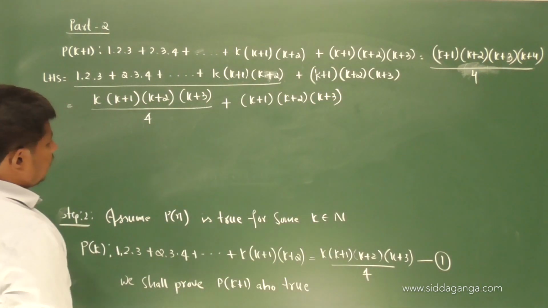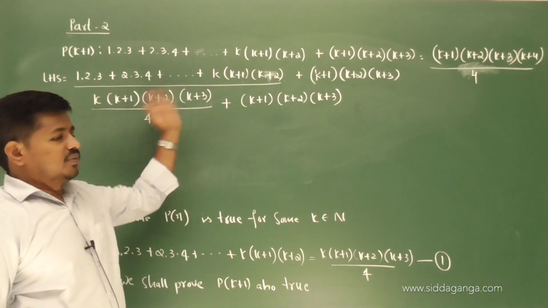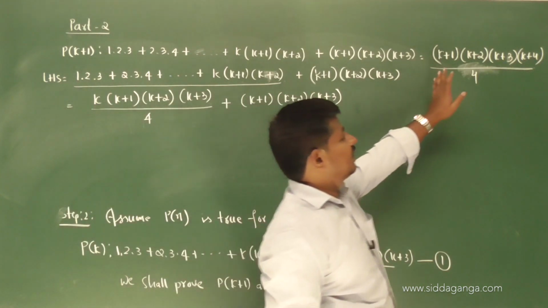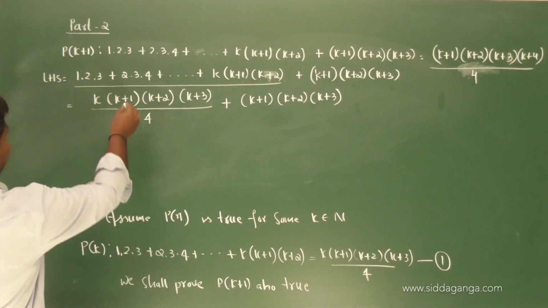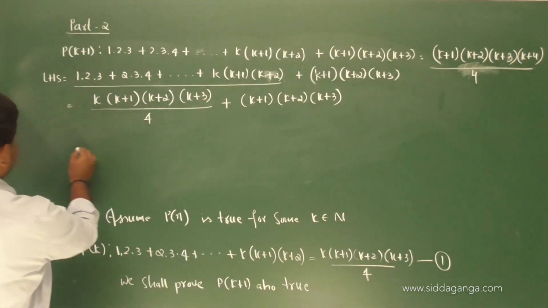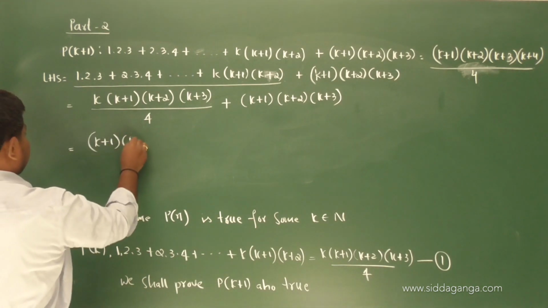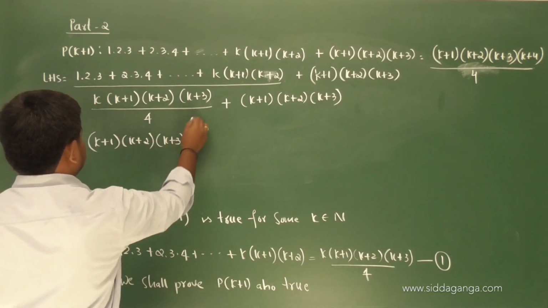Now, very simple, students. Just take the common terms outside, then simplify, you will get the answer. What is common in these two? K plus 1 into k plus 2 into k plus 3 is common. Let me take it outside: k plus 1 into k plus 2 into k plus 3.